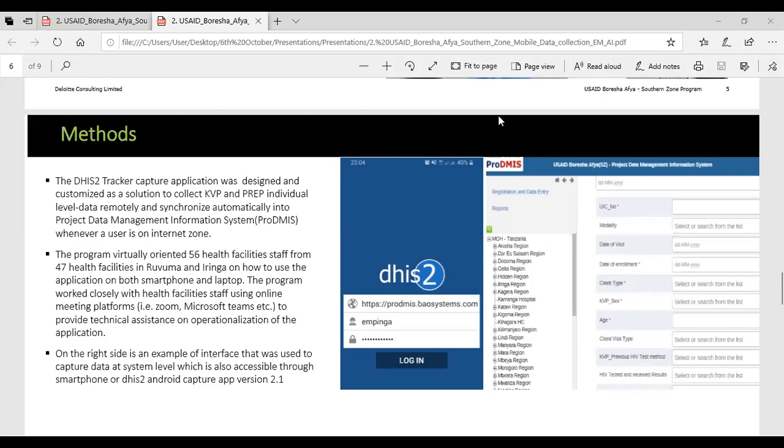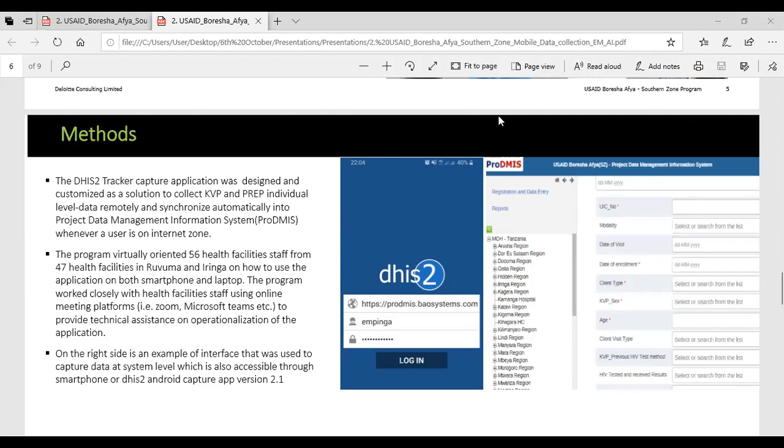The method we used to implement this solution: we oriented 56 health facilities in Ruvuma and Iringa, using both smartphone and laptop, and also we used online meeting platforms such as Zoom and Teams to provide the orientation and technical assistance in terms of accessing and using DHIS2 tracker.